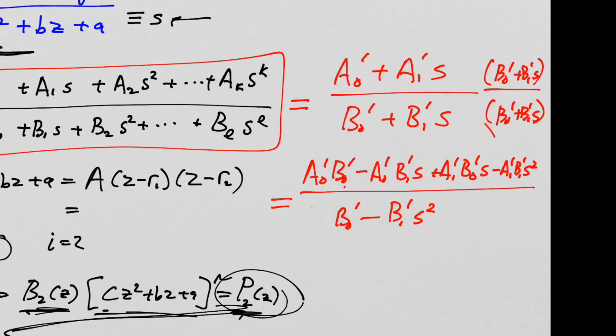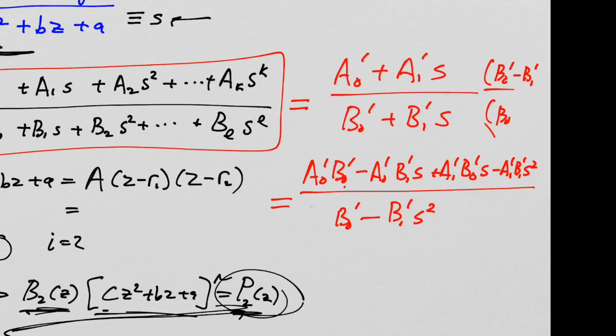This is very similar to eliminating complex numbers in the denominator. That's incorrect, right? It is similar to eliminating complex numbers. So I need to do sort of the conjugate, right?